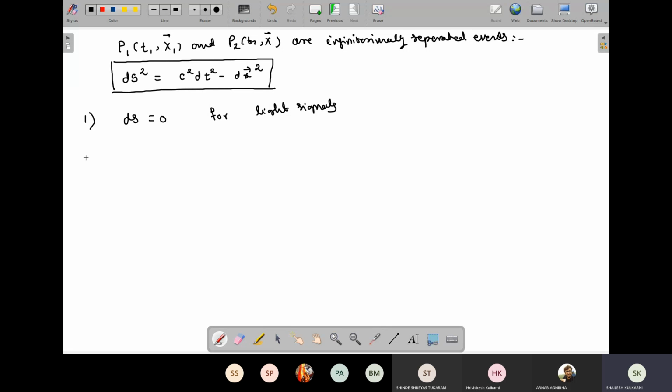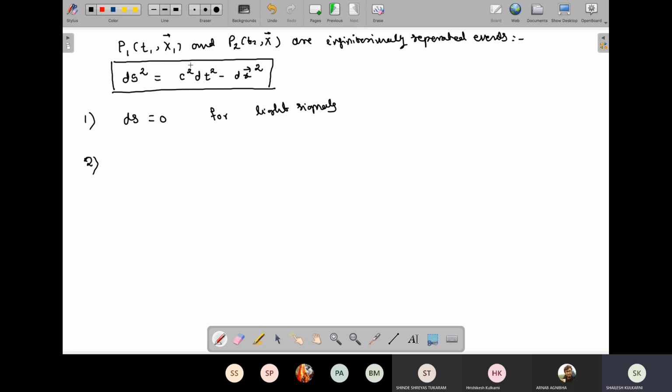The second observation is this. When these two events are infinitesimal, this ds square on the left-hand side is a differential.